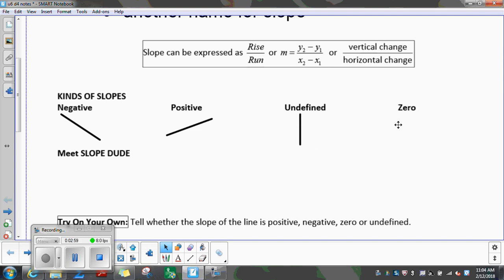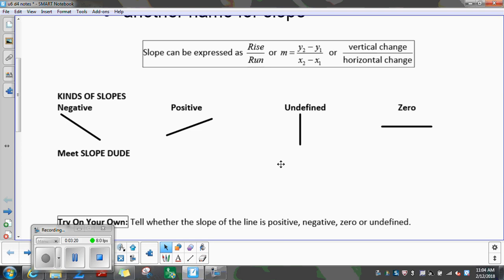And zero is a horizontal line. If you're in a car, you're having zero fun compared to a roller coaster, right? Whereas undefined, if you're in a car, you're falling off a cliff, basically, and you're not having any fun and you're not doing anything.